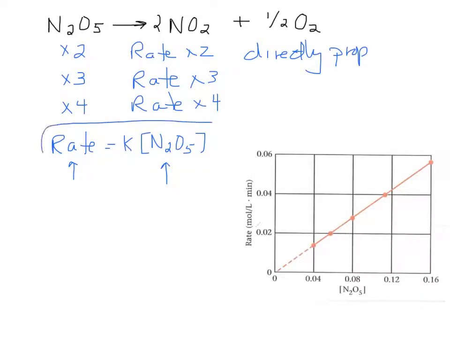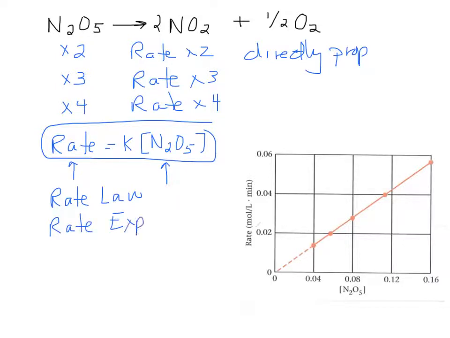What we just wrote right here is called a rate law or rate expression. You're going to write lots and lots of rate laws and rate expressions. I usually call it a rate law, but you'll see rate expression quite a bit. k is a constant, and it's a different constant for every reaction at every temperature. So it's a constant that's not very constant. You would have to get it from experimental data.